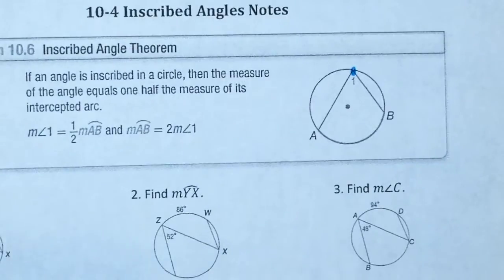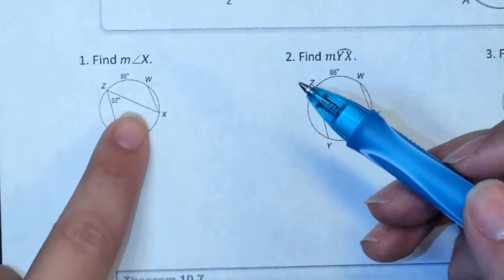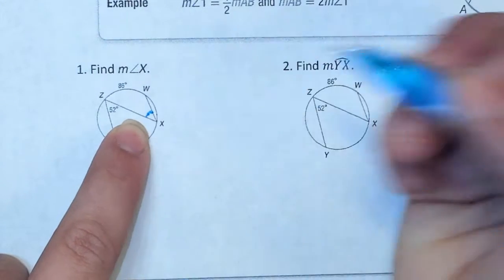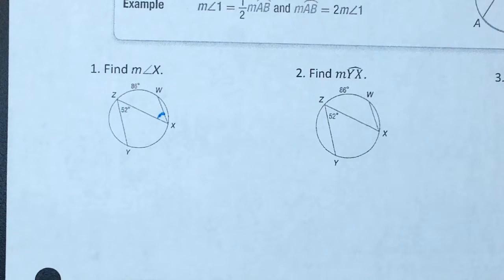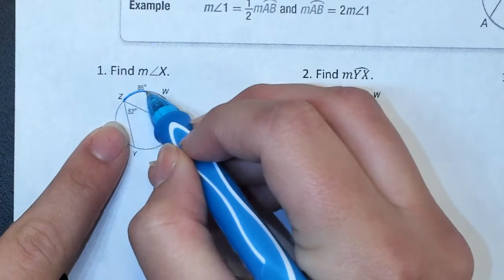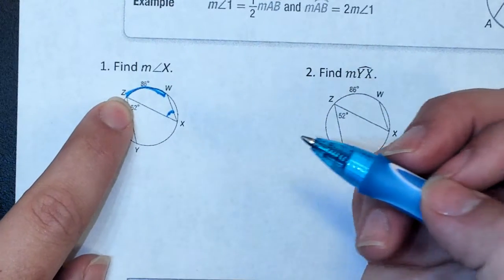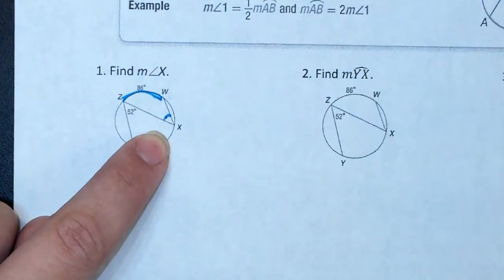Here's what happens. Look at example 1. It says the measure of angle X. That's what you want to find. So this angle right here is what you want to find. Here's the quote-unquote formula. If you know the arc is 86, so the arc that goes with that angle is 86 degrees, how you find the angle is you just divide it by 2.